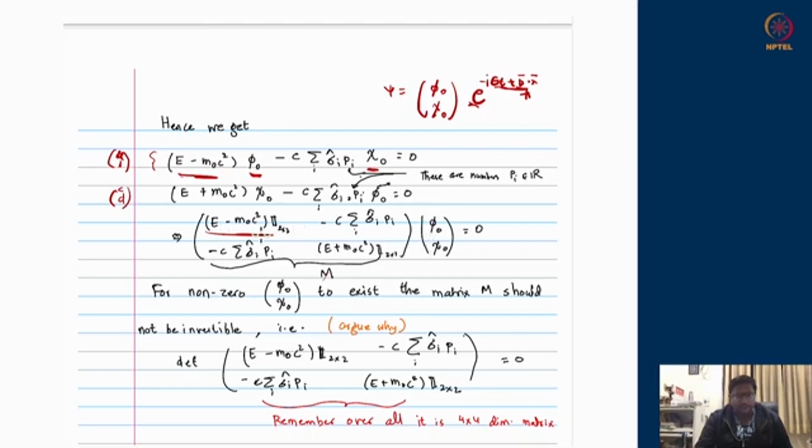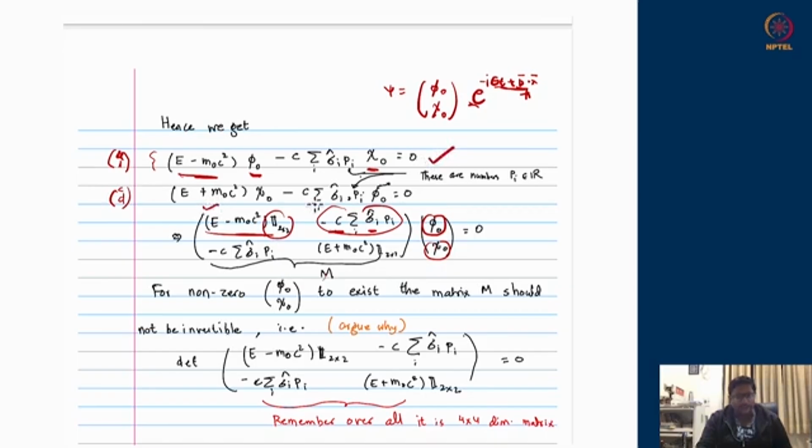So this identity 2 cross 2 will hit just this doublet phi naught, and minus c times summation sigma i pi. Sigma i is again a 2 cross 2 dimensional Pauli matrix. So this block will hit only this doublet chi naught, and I will generate the first equation here.